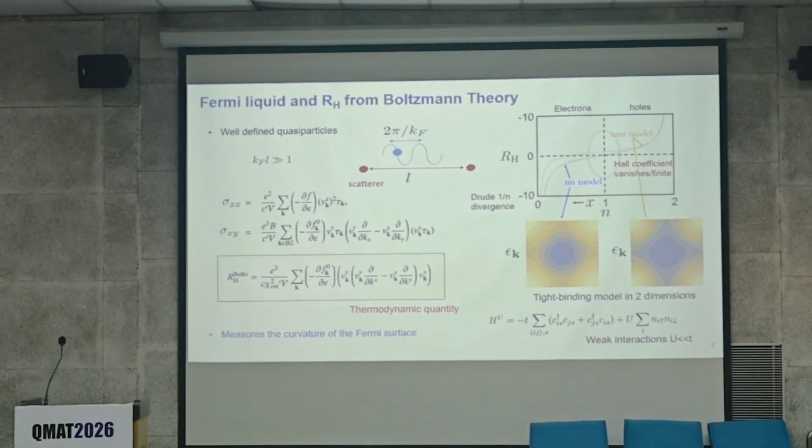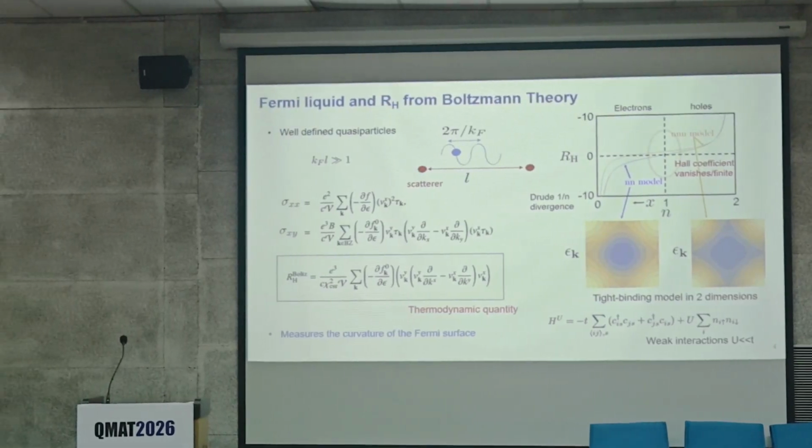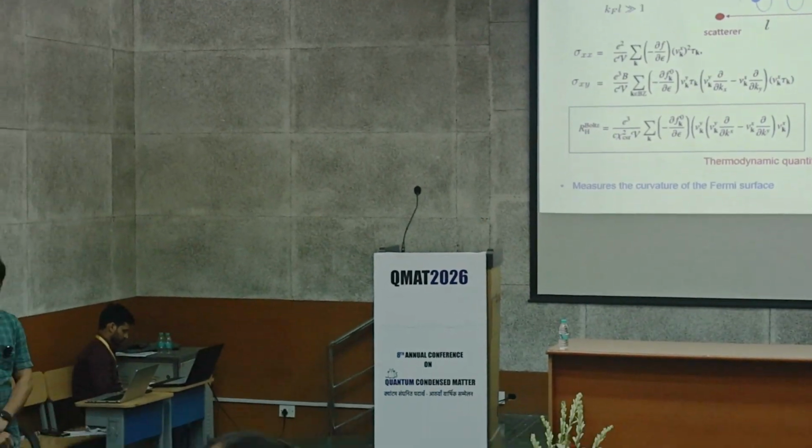So it has nothing to do with the chemical potential. It has to do with the chemical potential, because by tuning the chemical potential, you can change the filling. I mean, you can go to half filling or lower filling or higher filling.